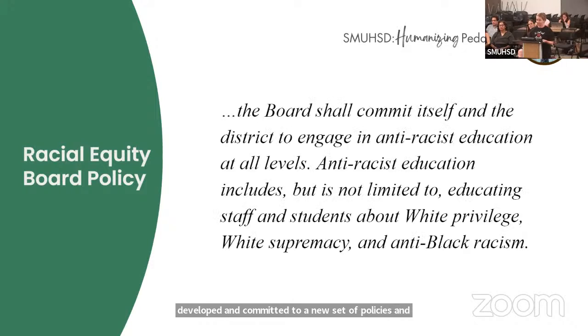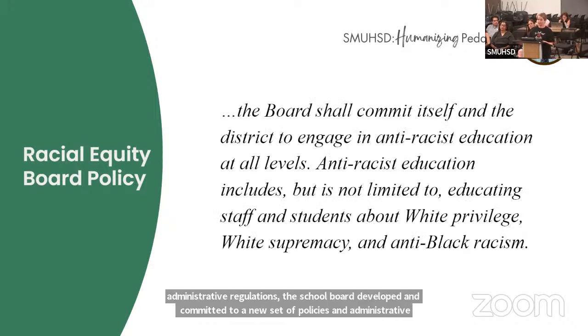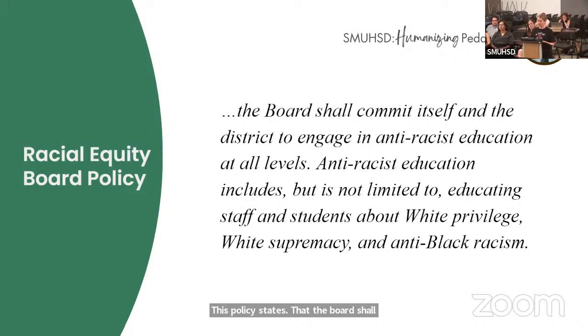This policy states that the board shall commit itself and the district to engage in anti-racist education at all levels. Anti-racist education includes, but is not limited to, educating staff and students about white privilege, white supremacy, and anti-Black racism.